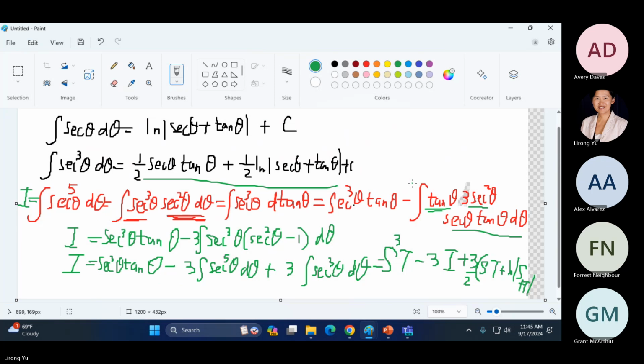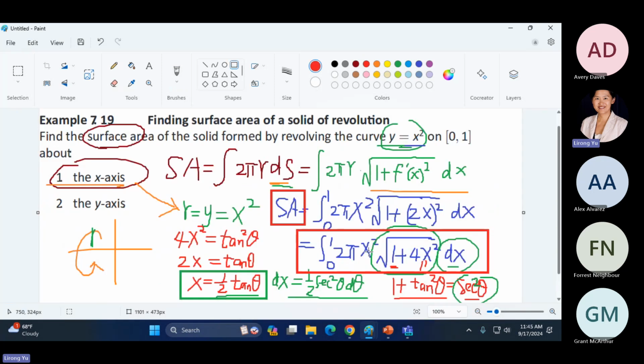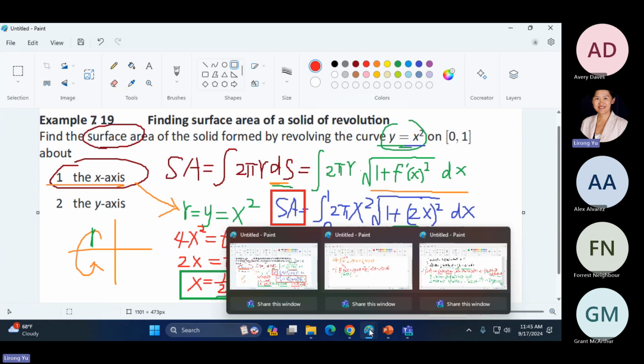So, like over here, tangent theta, based on our calculation, is going to be 2x. Tangent theta equals 2x, so secant theta should be this. All right, so we have our tangent theta, we have our secant theta, then we have the representation of tangent theta and secant theta.